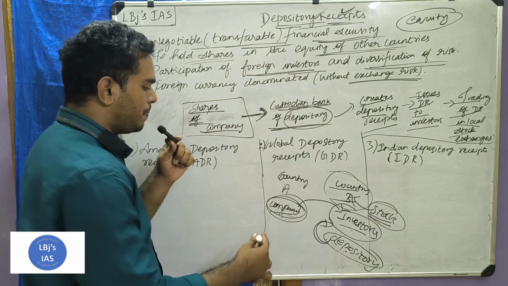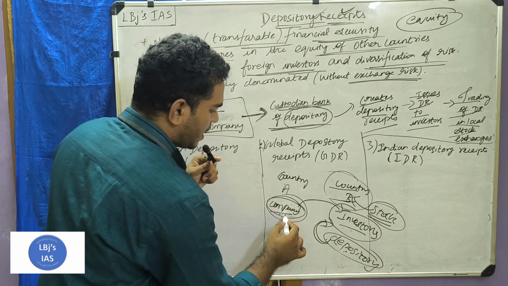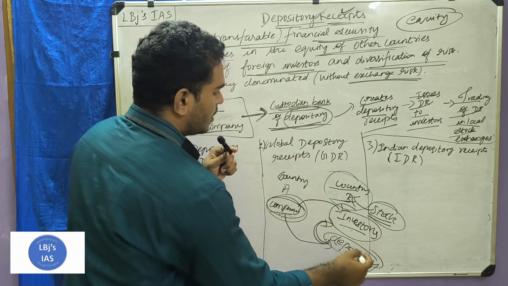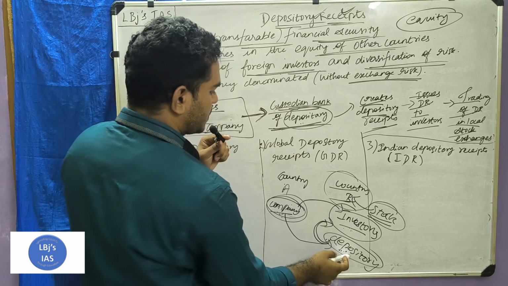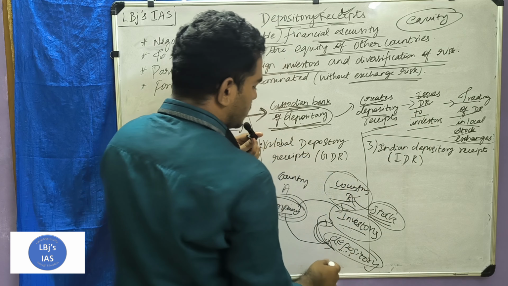So the process is very simple. The shares of company A will be submitted into a custodian bank of a depository. The depository will create depository receipts. Then such depository receipts will be issued to the investors.